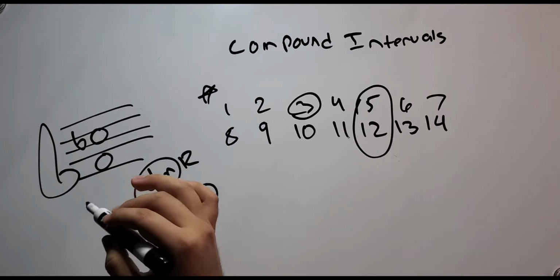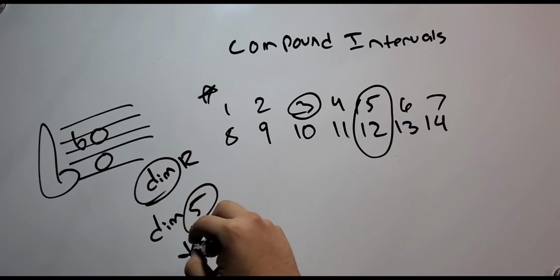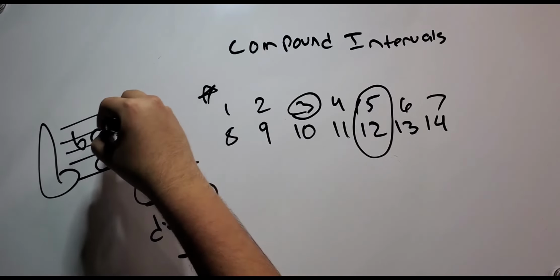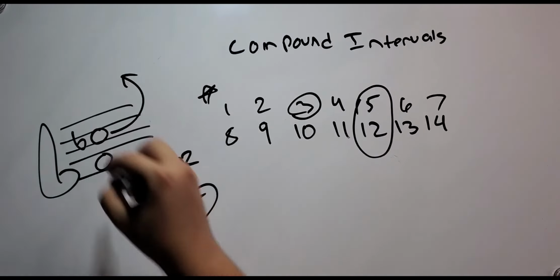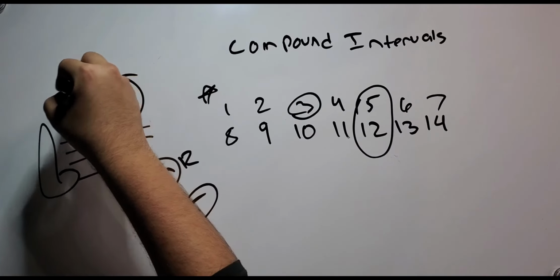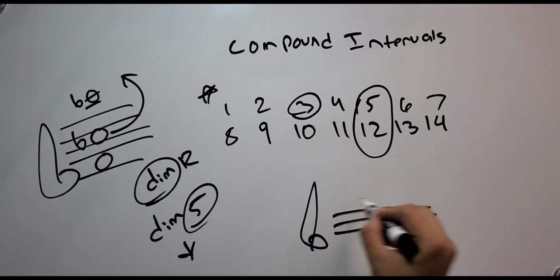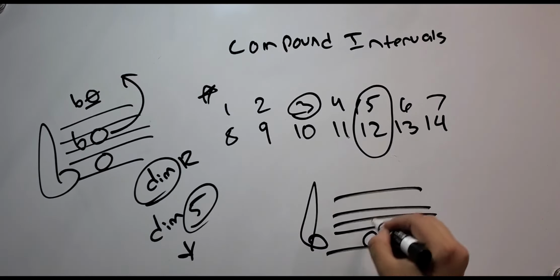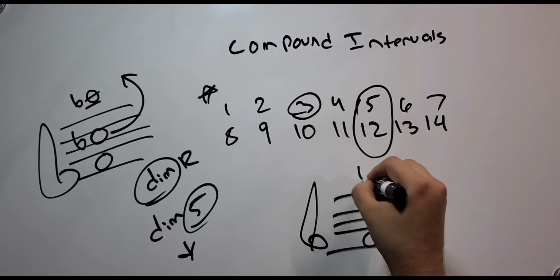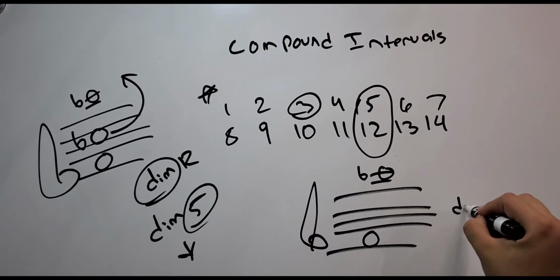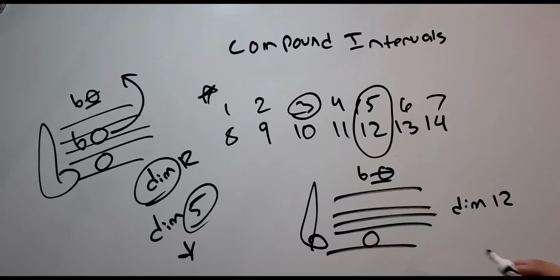And upon lowering it 1/2 step, that gives me the diminished 5th. Now what do I do? Take it up an octave. Right? Write it over here more clean. And that is your diminished 12th over the key of F.